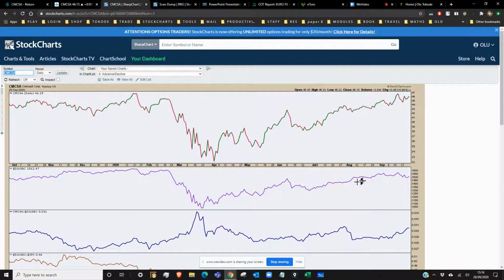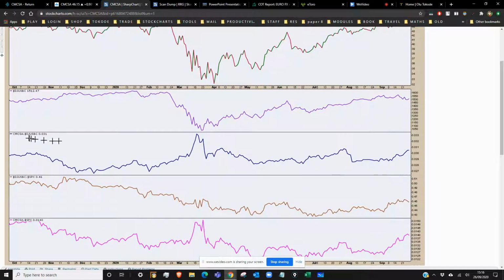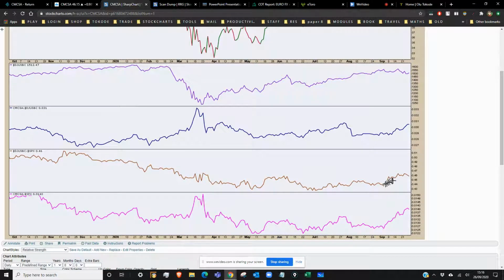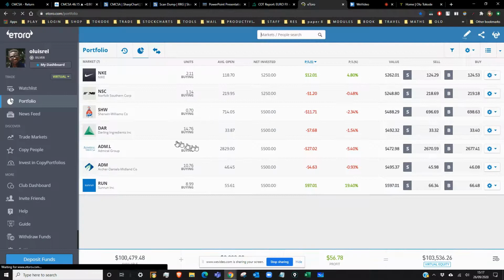So the industry is, I would say, flat against the S&P. Well, no, this is just the industry. All right. Comcast is outperforming its industry. The industry is outperforming the S&P 500. Comcast is outperforming the S&P 500. That's pretty good. I'll pick Comcast.